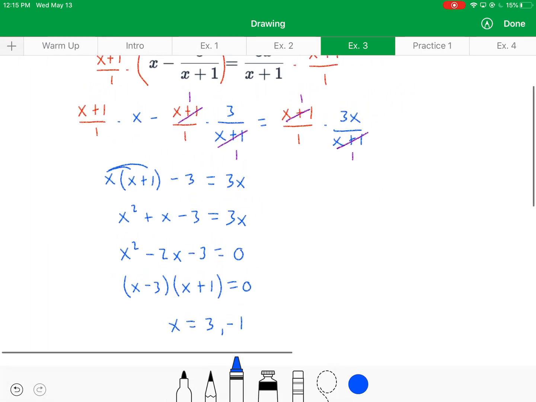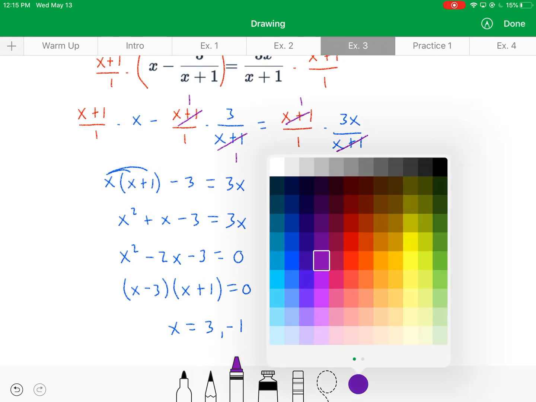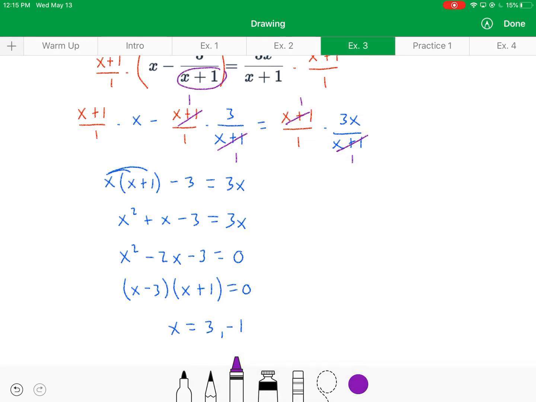If I were to plug 3 in to either of these denominators, they would not equal 0, so the 3 is good. But if I were to plug the second solution of negative 1 in, negative 1 plus 1 is, of course, 0. You would be dividing by 0, which you can't do. So this is an extraneous solution. Cross it out, and you're only going to keep x equals 3.